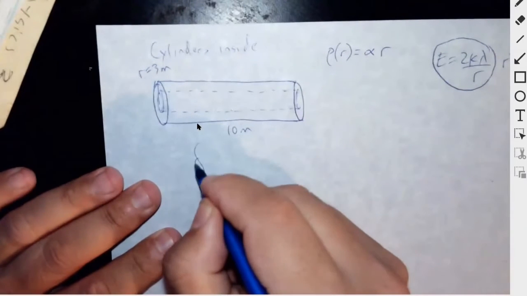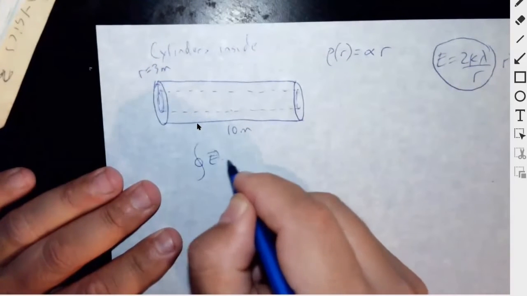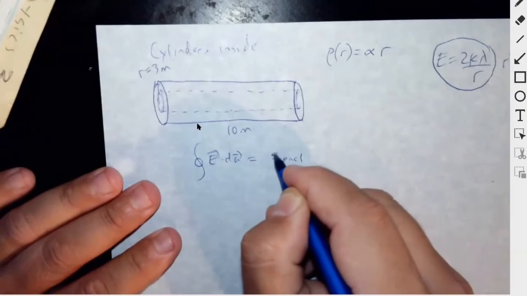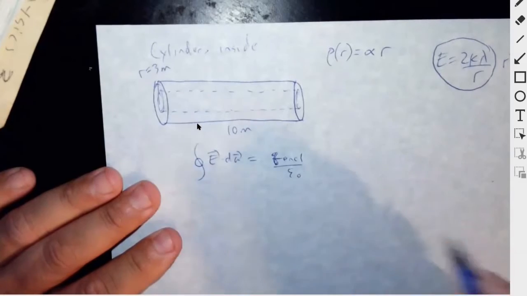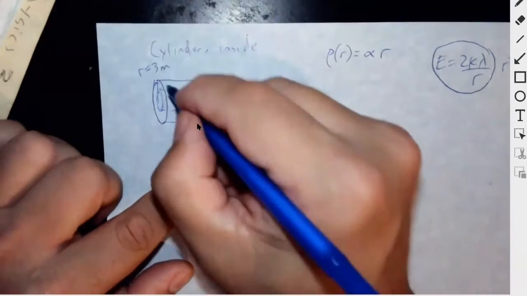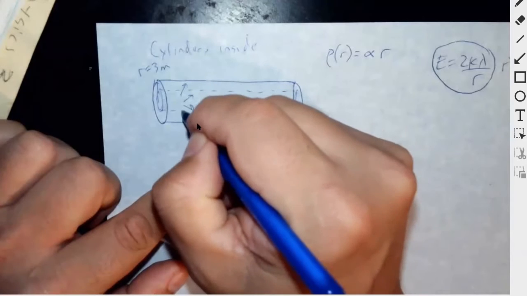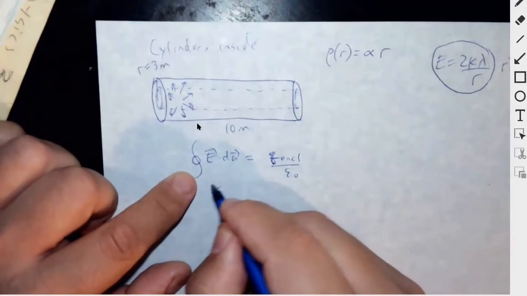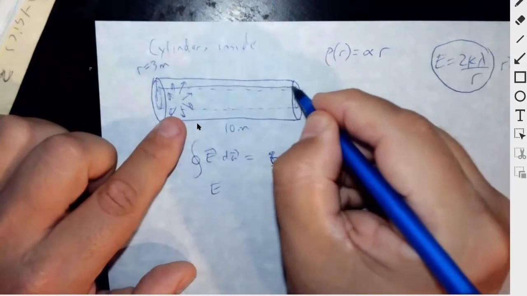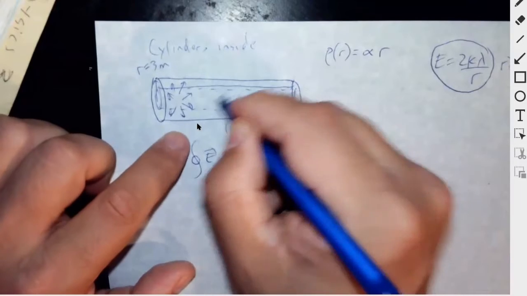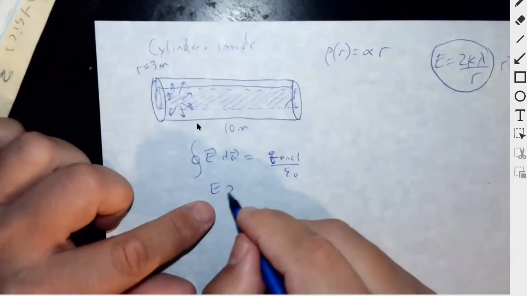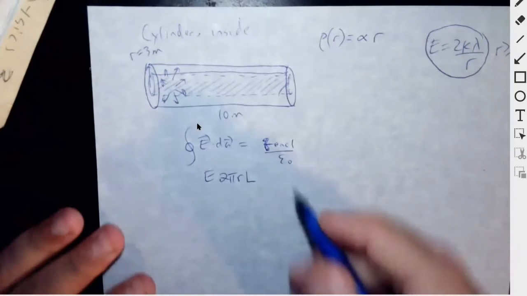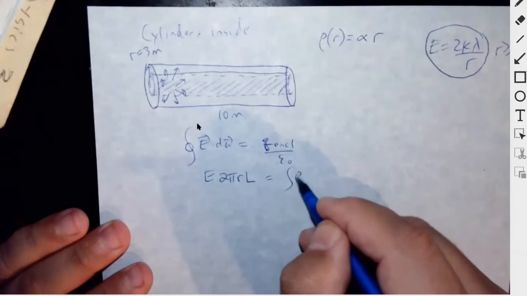So then it's just going to be E dotted into dA is the Q enclosed over epsilon naught. The dA that we choose, since it's cylindrical symmetry, would be the surface area of this cylinder, so it'd be 2 pi rL. And then the Q enclosed is rho dV.